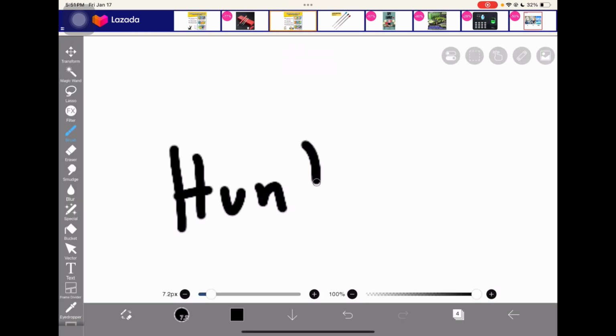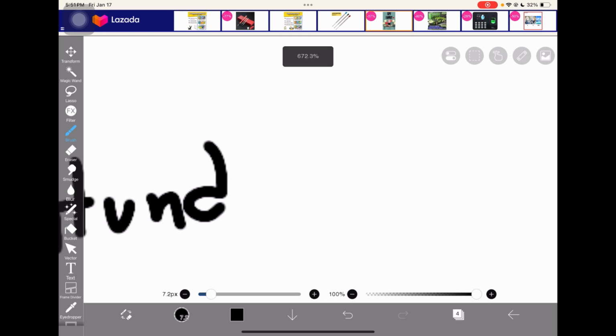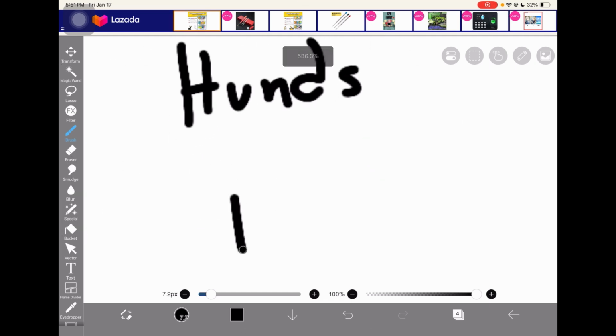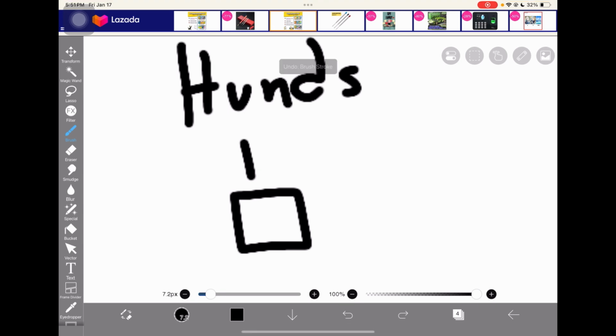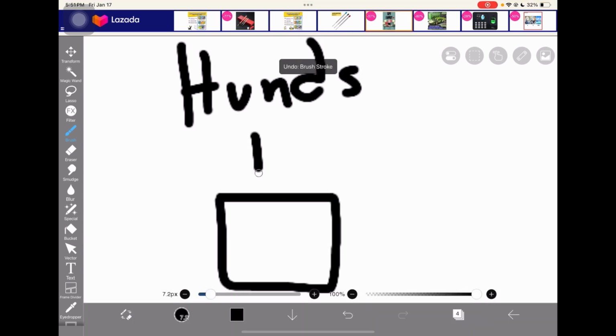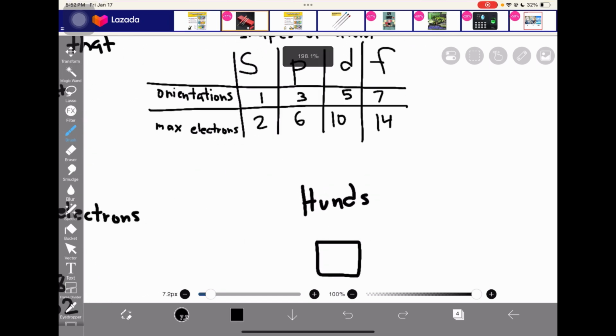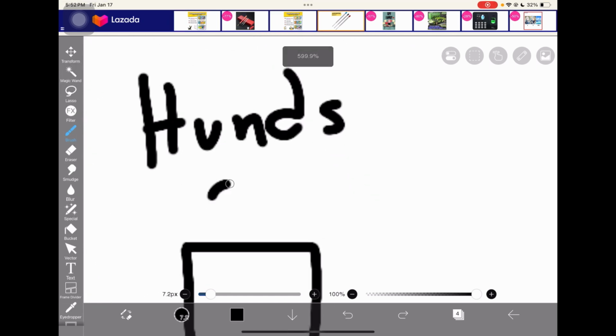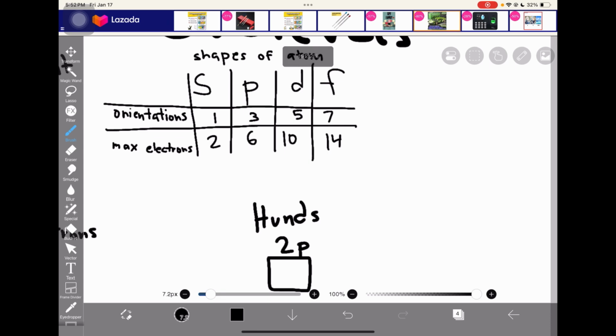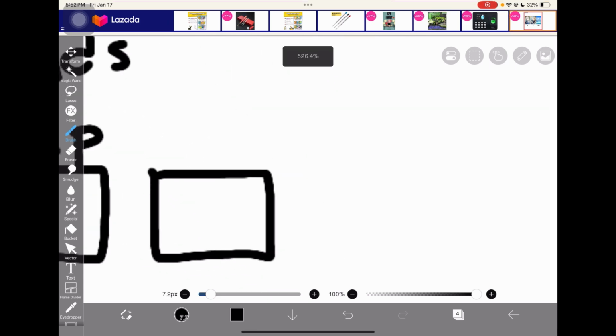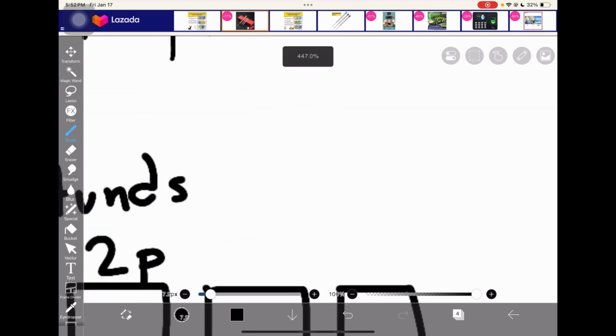Hund's rule states that we have to have one orbital filled first. So let's say we have 1s that only has one orientation, right? No, let's do something different. Let's do 2p instead. So 2p has 3 orientations. Now, Hund's rule.